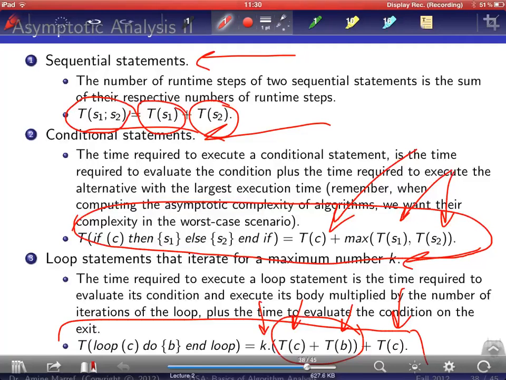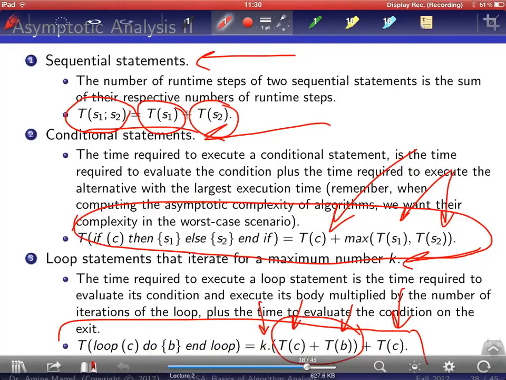So this plus this plus this plus this is n times big O of n, which is big O of n squared. If that was multiplication, that would be big O of n to the n. But that's not multiplication, it's addition, because it's iteration after iteration after iteration. So big O of n squared.